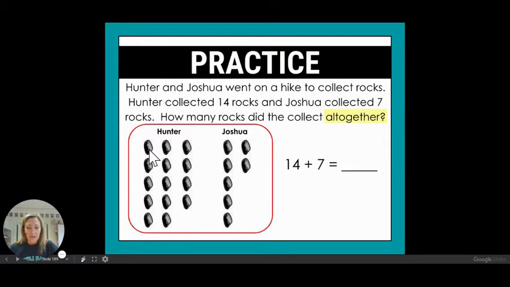Go ahead and count with me. 1, 2, 3, 4, 5, 6, 7, 8, 9, 10, 11, 12, 13, 14, 15, 16, 17, 18, 19, 20, 21. So 14 plus 7 equals 21.